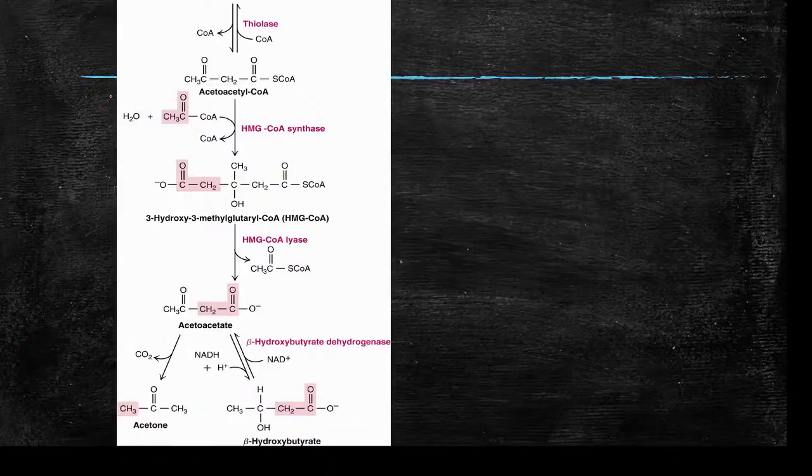Here you have the pathway. Two molecules of acetyl-CoA combine and form acetoacetyl-CoA in the first step.